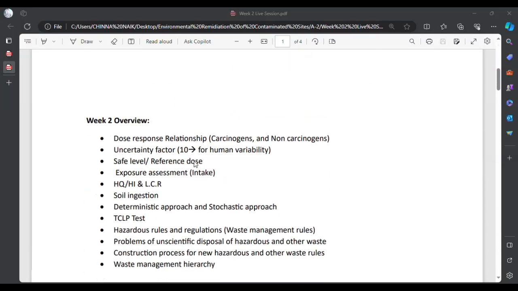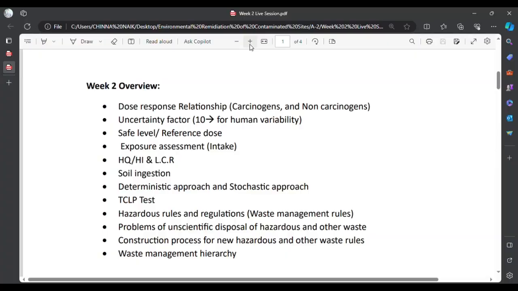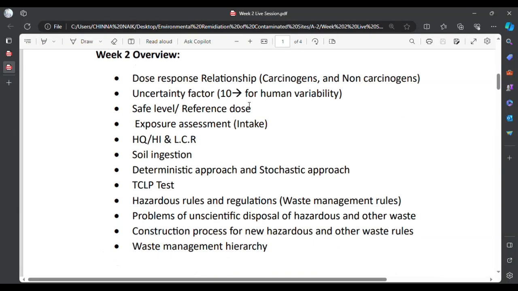So coming to the overview. In week 2, in the first video from the beginning, the course instructor was teaching the dose response relationship for carcinogens and non-carcinogens. From week 1 onwards we have been talking about this.